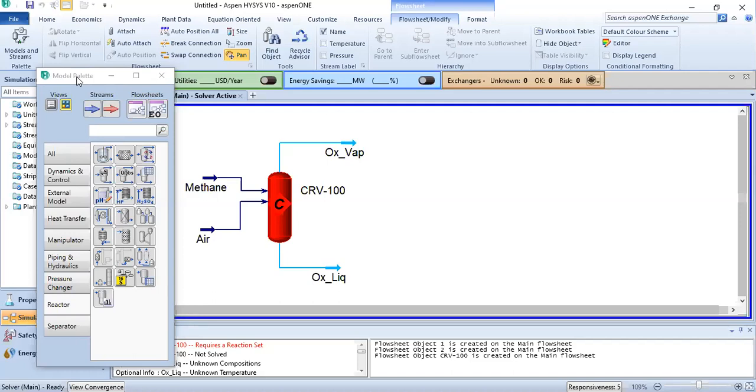But in the actual case, there will be some delta P, as we saw in the separator phase drum. There will be some pressure drop. Based on that drop, your vapor phase stream and liquid phase stream will have different conditions based on the pressure drop at the nozzle, based on the pressure drop at the top. These kinds of information you will be having.